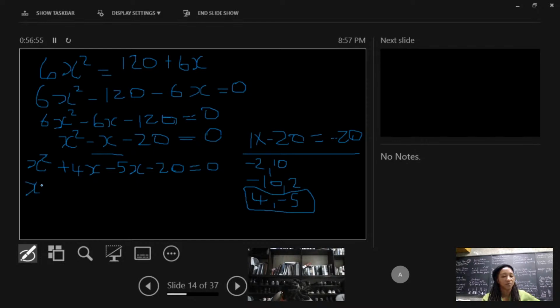So x into x squared goes x times, and x into 4x goes 4 times, so plus 4. And the common term for this is negative 5. Negative 5 into negative 5x goes x times. And negative 5 into negative 20 goes 4 times, so plus 4.